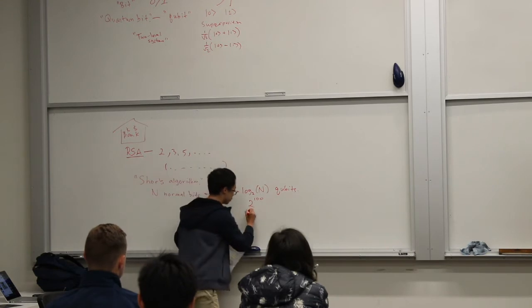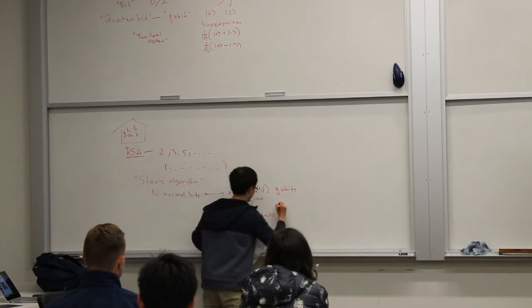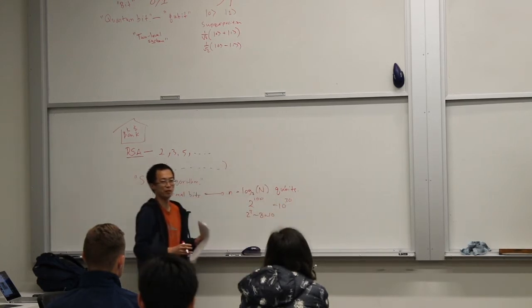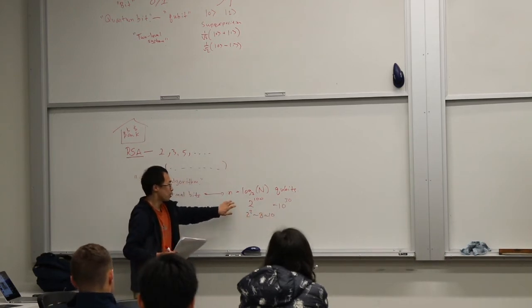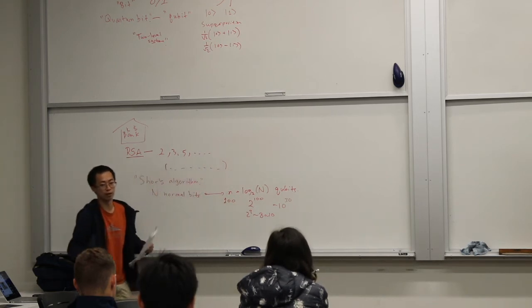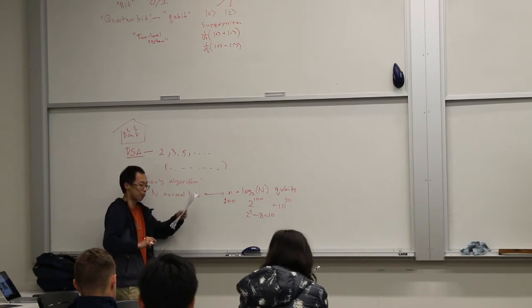For example, 2 to the 3rd is 8, which is about 10, so this is about 10 to the 30, within a factor of 1,000 or something. That's a lot. But how many qubits would that be? 100. So you can see how much you win with quantum computing. This is sort of a naive estimate for how powerful this would be.